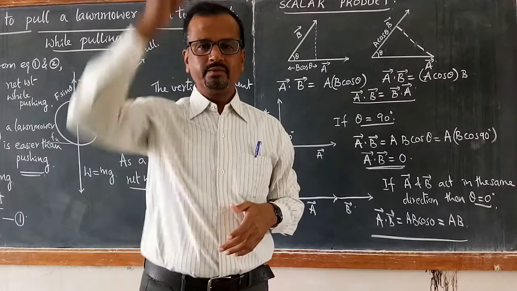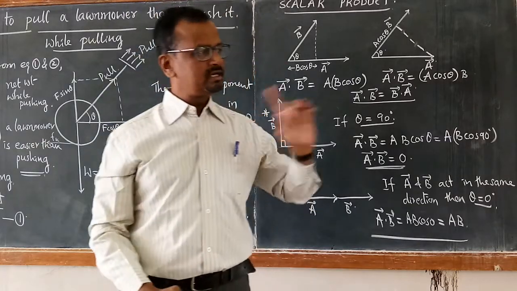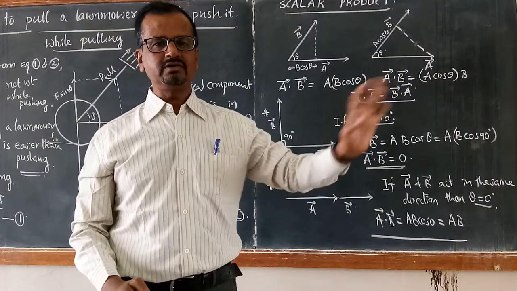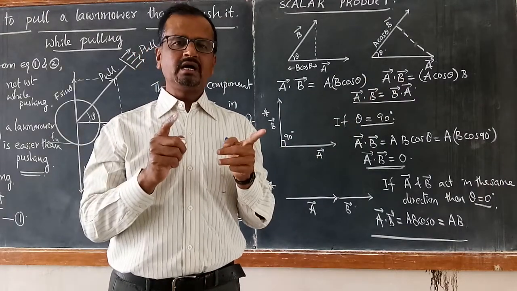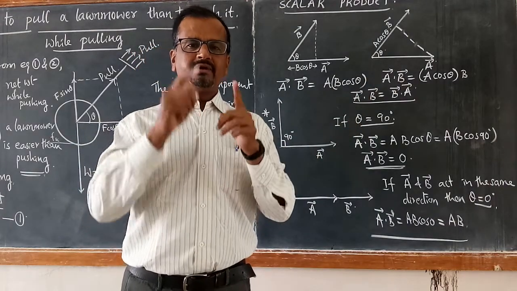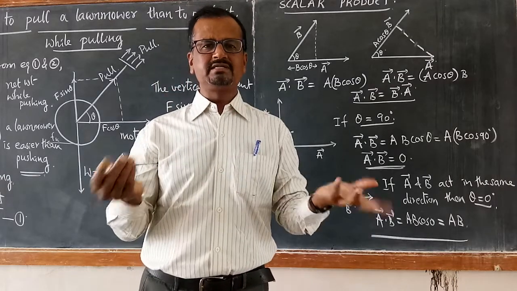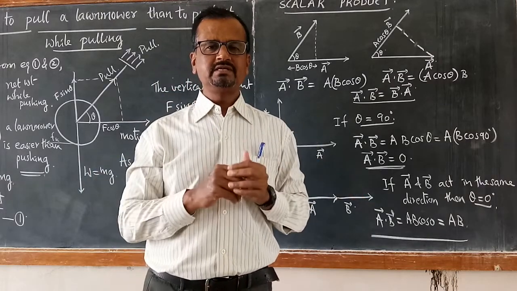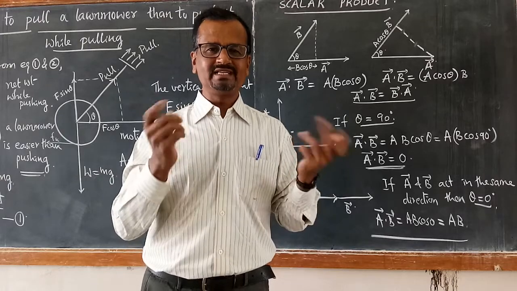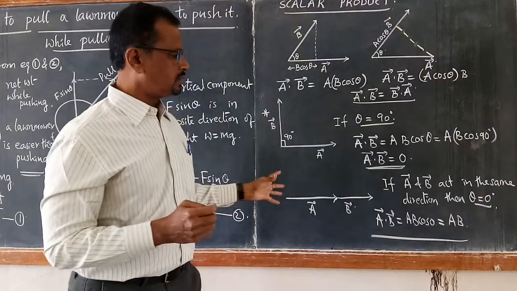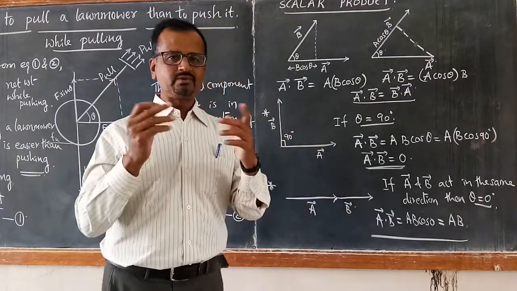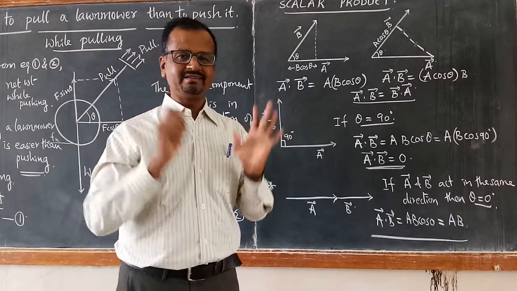Why? Weight is acting vertically downwards and displacement is along the horizontal. So the angle between force and displacement is 90 degrees. In such a case, work done is 0. This is what we discussed. Okay, we are going to use these properties while solving problems. Then it will be very clear.